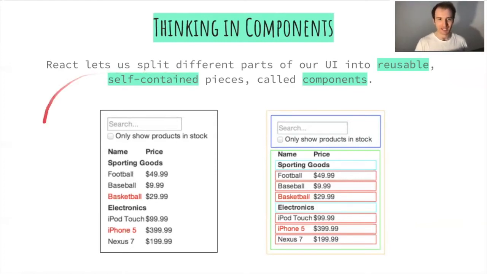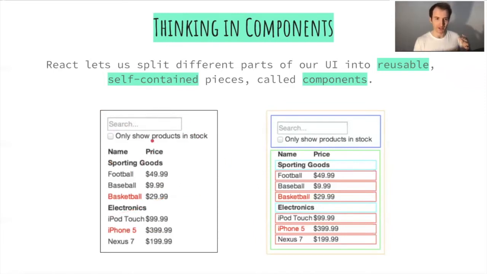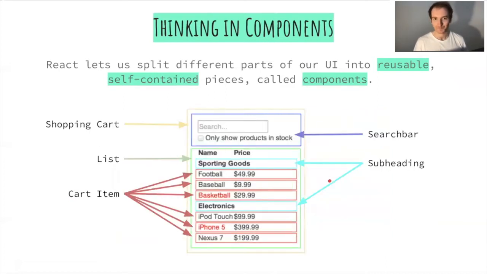So this example here, we could imagine we have this shopping cart. And instead of writing one JavaScript file that adds each piece of this to this shopping cart, instead we can subdivide the whole concept of a shopping cart into lots of little subcomponents like this. So for example, here we have an example of what this might look like.